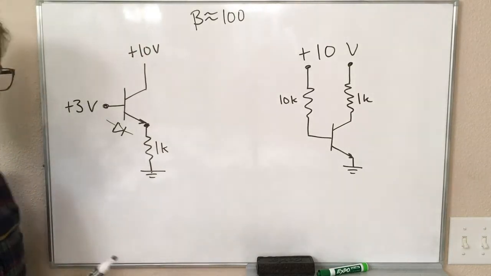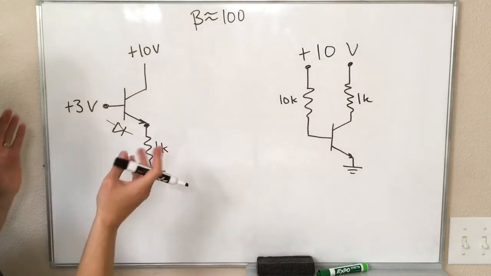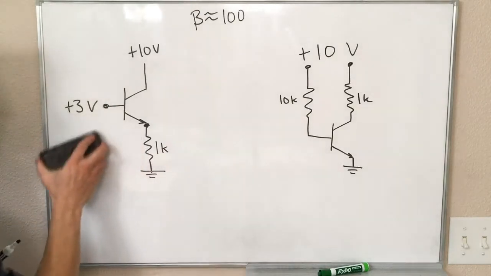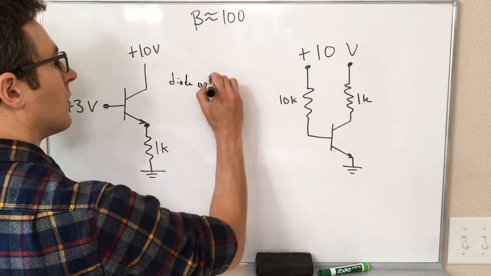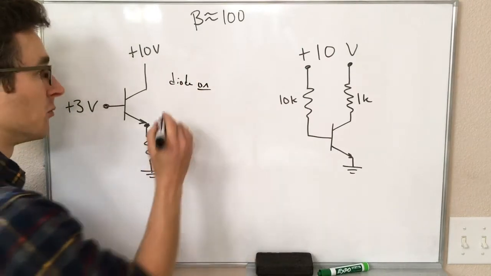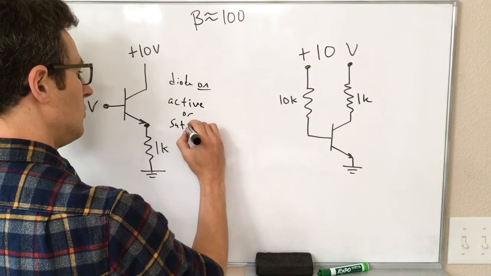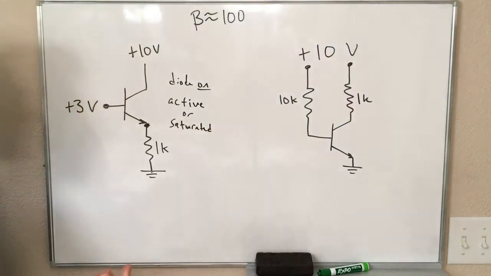From our diode rules, you will see, or you can just look at it and correctly guess, the diode is going to be on. So that means we are going to be either in active mode or saturation. So how do we figure out which one?